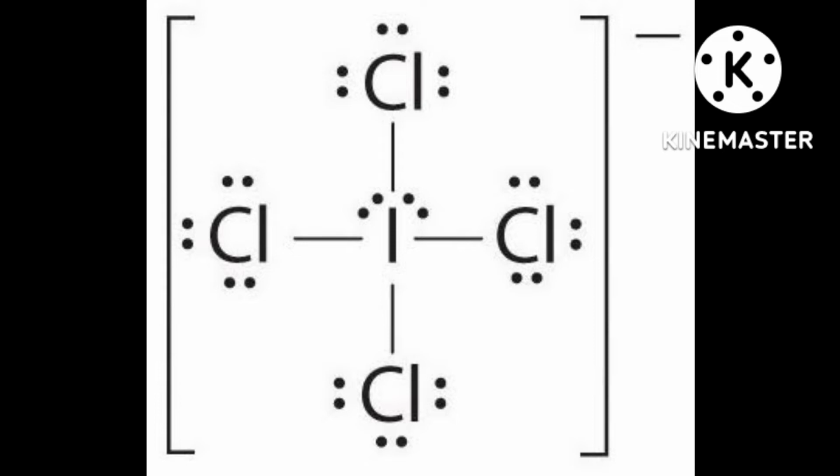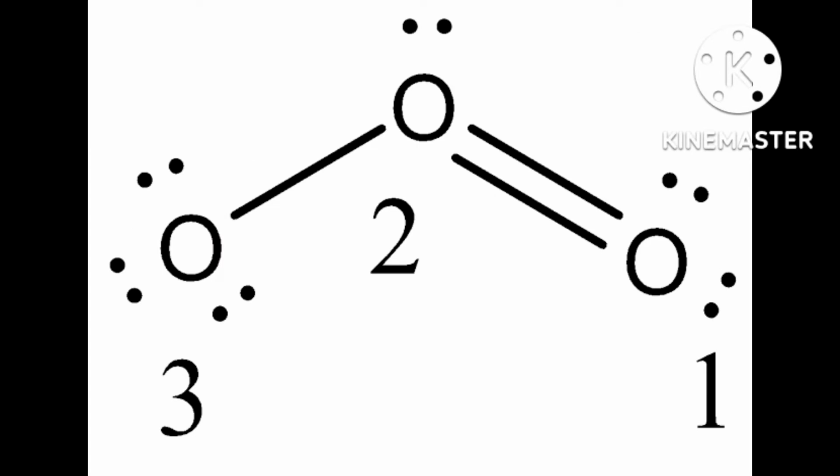Again I am telling you, it is defined as the difference between the number of valence electrons of that atom and the number of electrons assigned to that atom in the Lewis structure. Mathematically, you can write it as a formula.